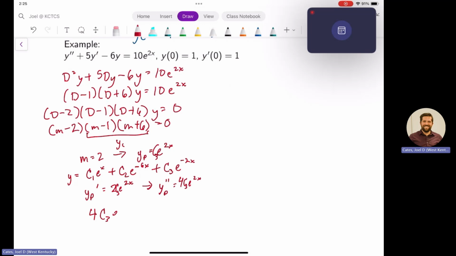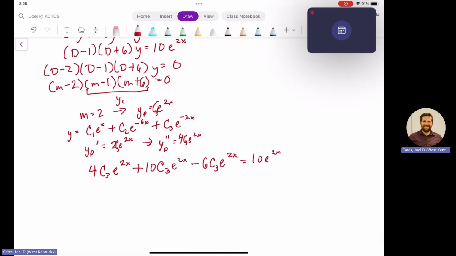4c sub 3 e to the 2x plus 10 c sub 3 e to the 2x, right? I've got 5 times the 2 to give me the 10. Minus 6 c sub 3 e to the 2x is equal to 10e to the 2x. Well, what does this yield?